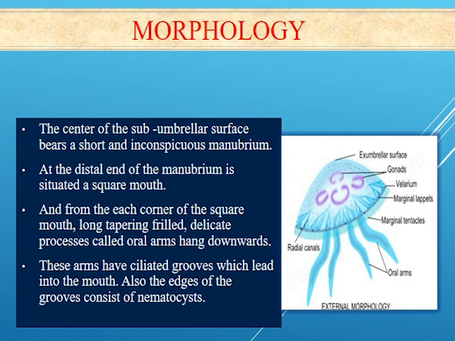You can see the four oral arms hanging downwards. In addition, these arms have ciliated grooves, which also lead into the mouth.